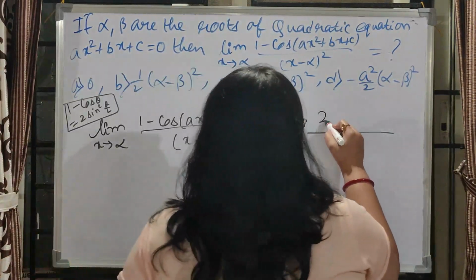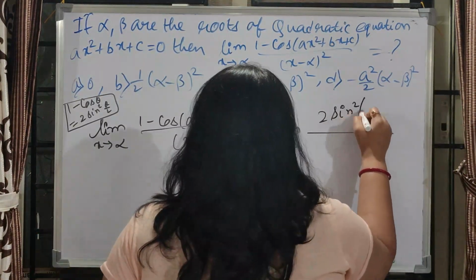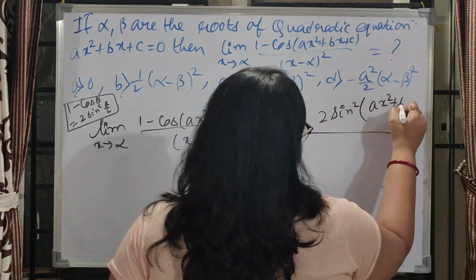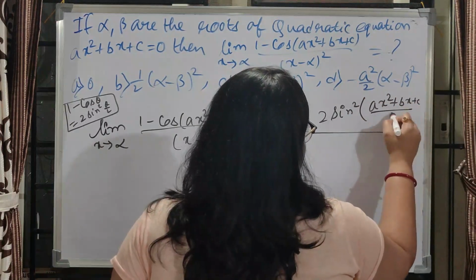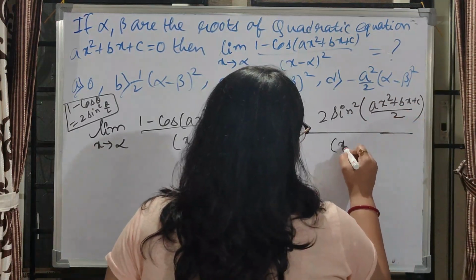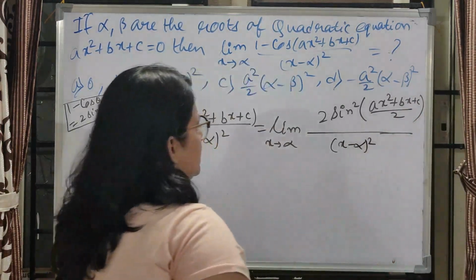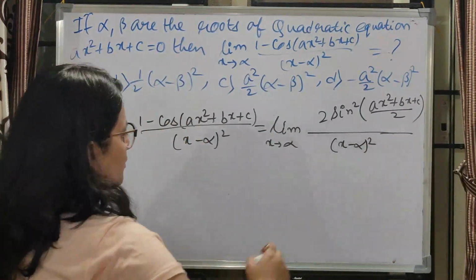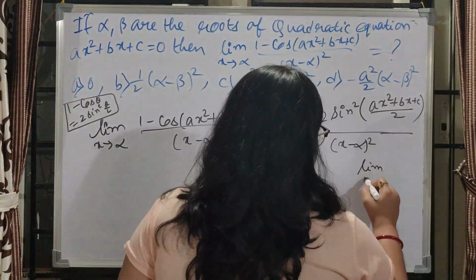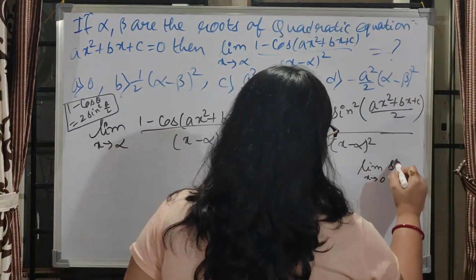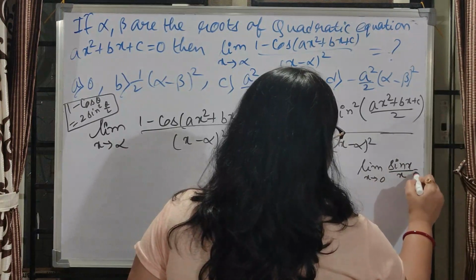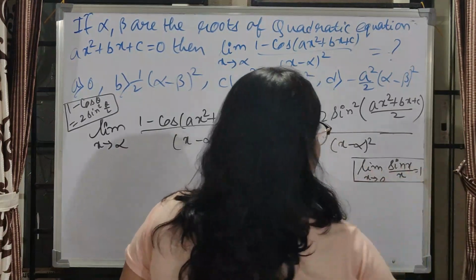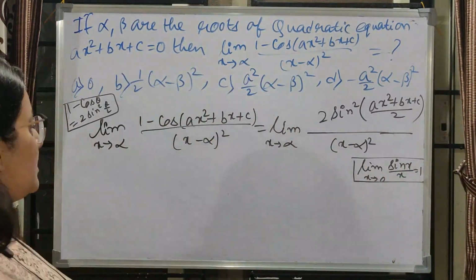So here it will become 2 sin square (ax square plus bx plus c) by 2 divided by (x minus alpha) square. And we know the limit x tends to 0, sin x upon x equals 1. This is the standard limit.